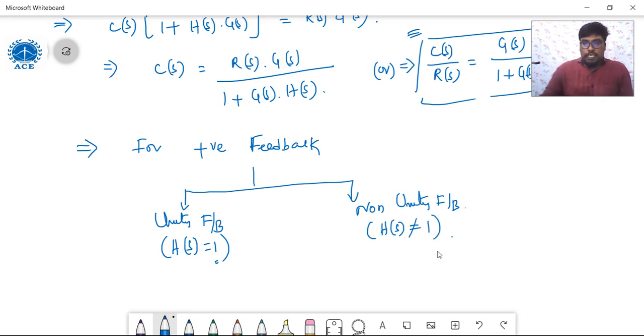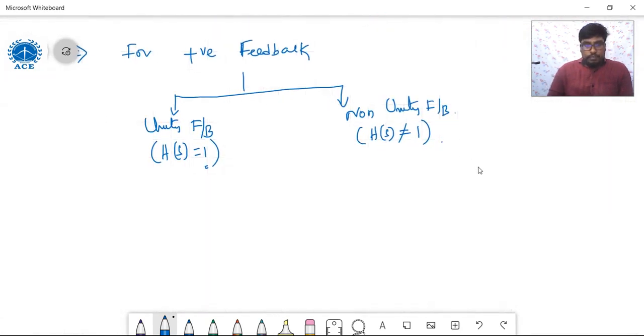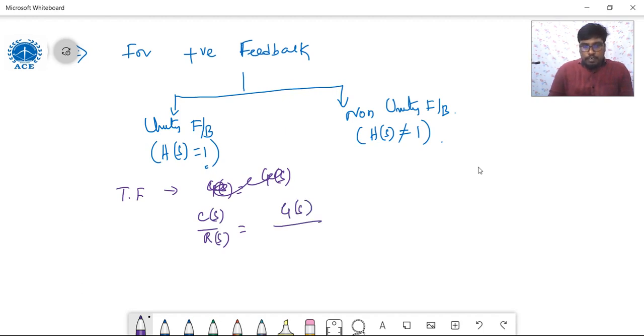So therefore the transfer function, C(s) by R(s), is equal to G(s) divided by, for a positive feedback, 1 minus G(s) into H(s).